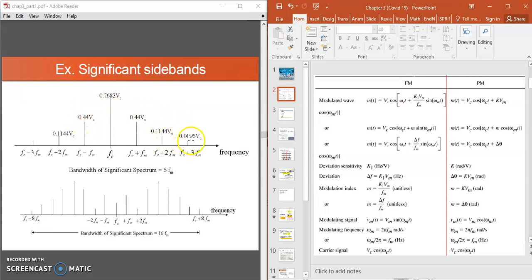You can add more, depending on your design. How about the bandwidth? The bandwidth is also different. Last time for AM you just took 2Fm, for example. Right now it is different.